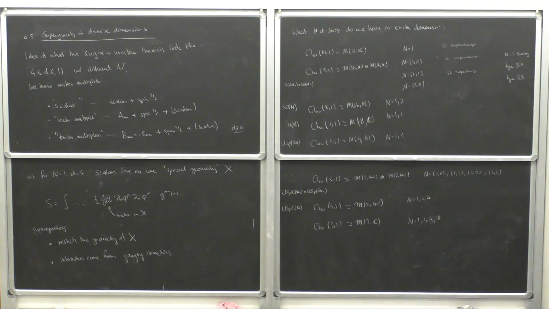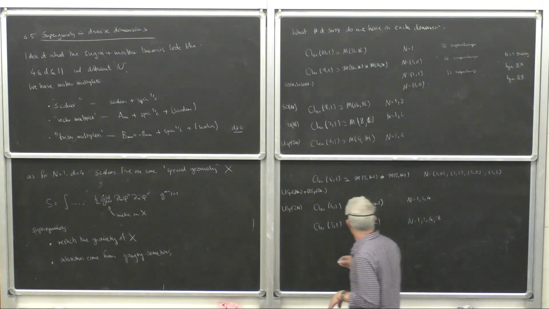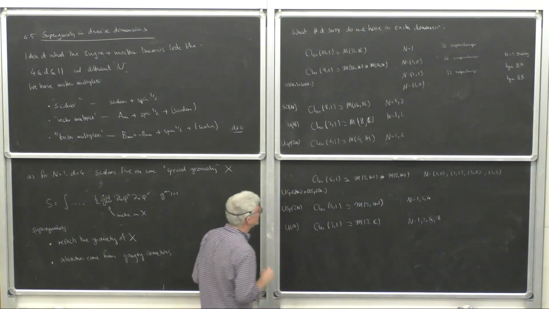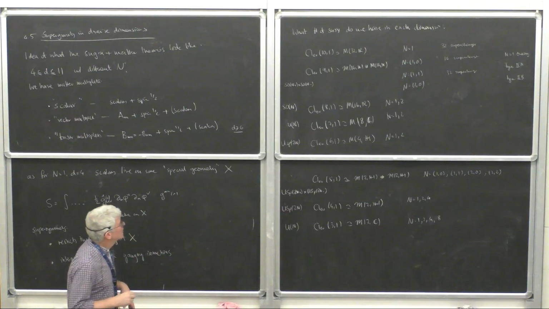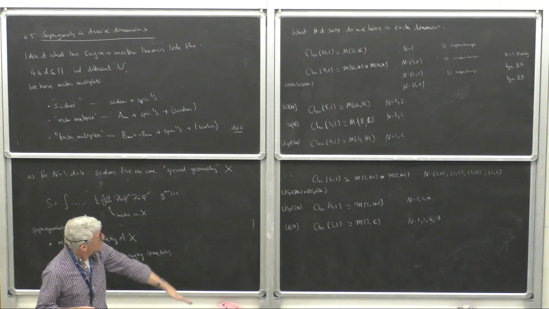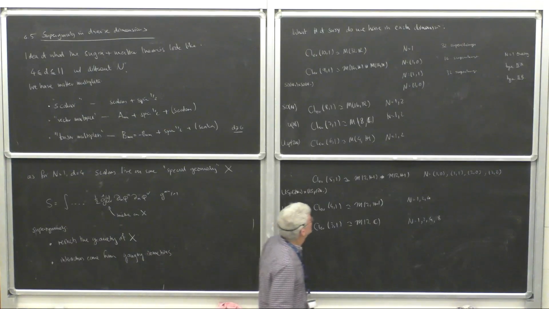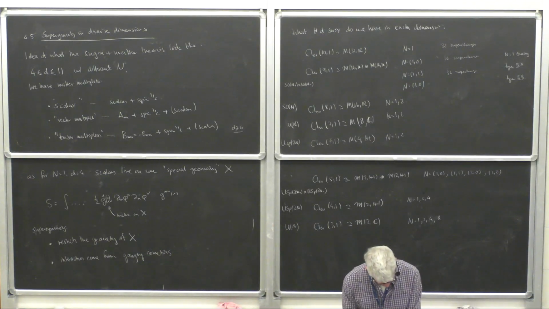There are some supergravities that have things in between, but it just gets too much. So let me just focus on those ones. And here we're going to have some U(n) R symmetry. So that's kind of the list of supergravities that we could have with their number of supersymmetries.